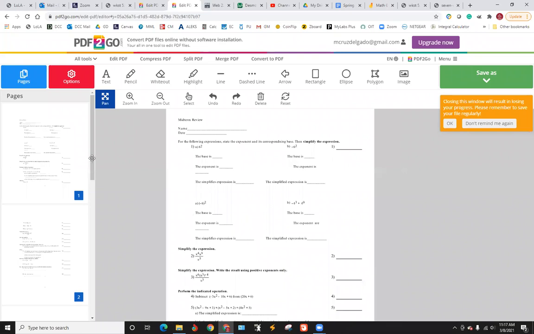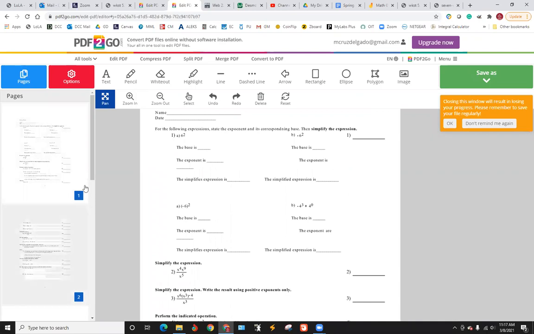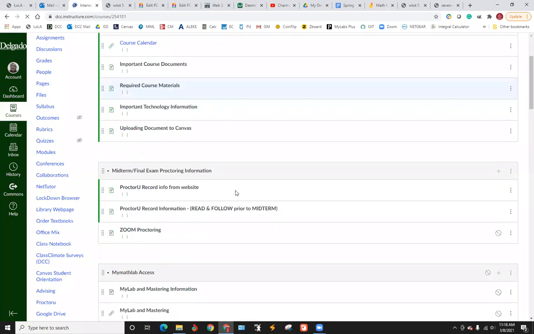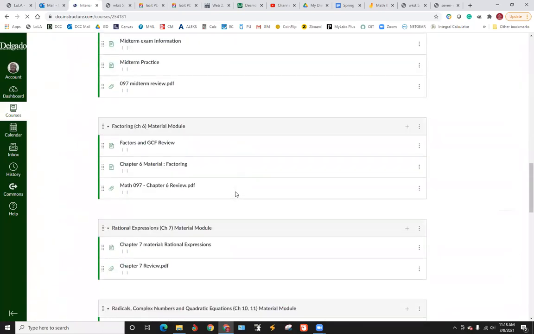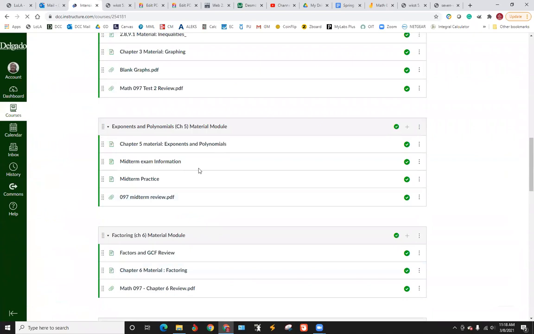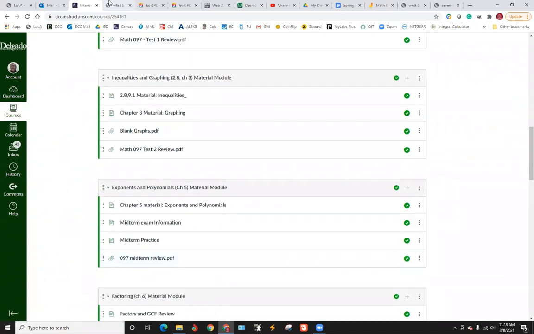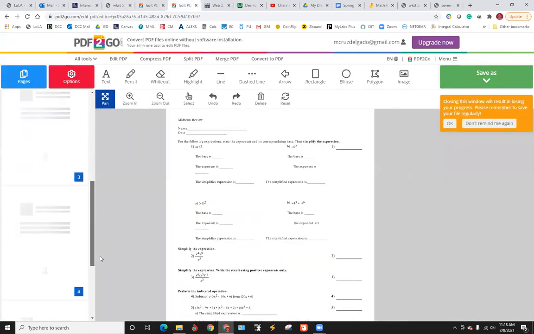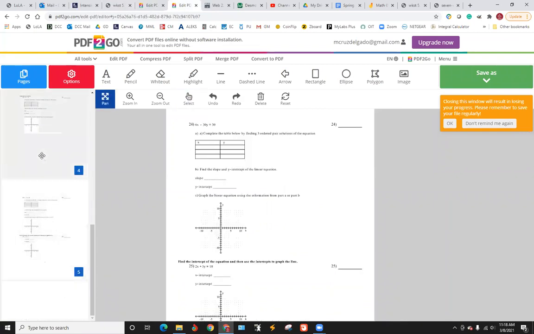So we'll go over this. It's in that same place everything else is. Right there, okay? Midterm review. And let's see, it's 4 pages, 5 pages, a little bit of everything, okay?